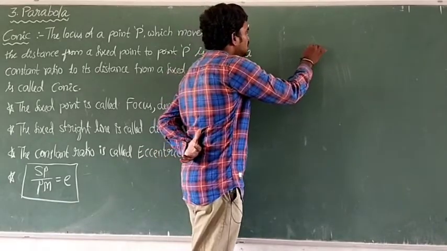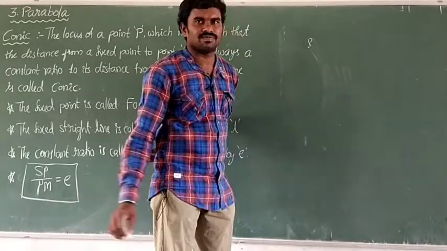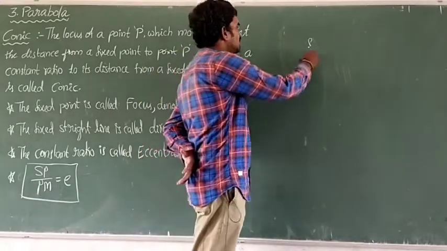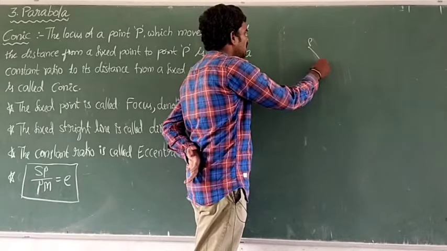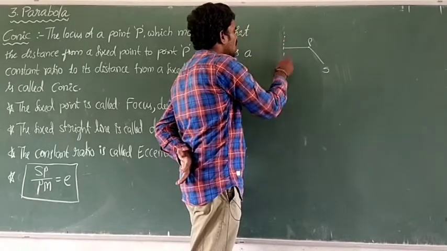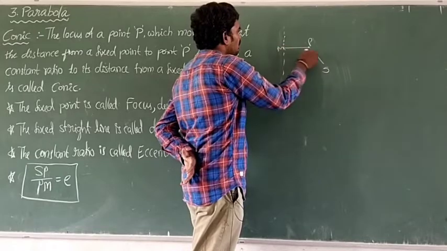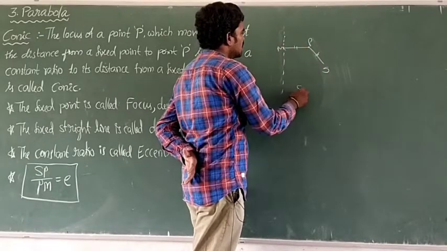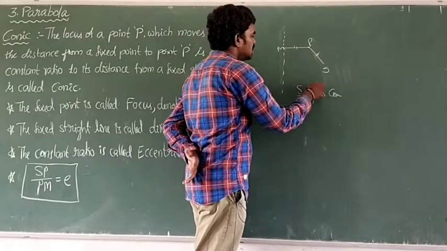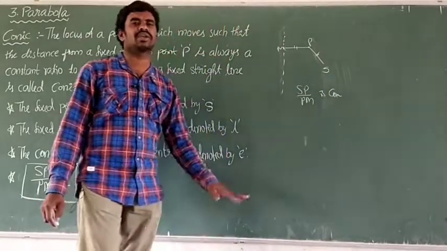Suppose P is a point on the curve, and the distance from P to a fixed point and the distance from P to a fixed straight line. The ratio of these two terms, SP by PM, is called conic. So this constant ratio is the conic.